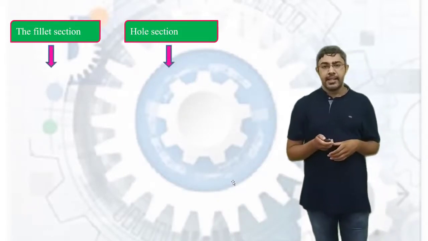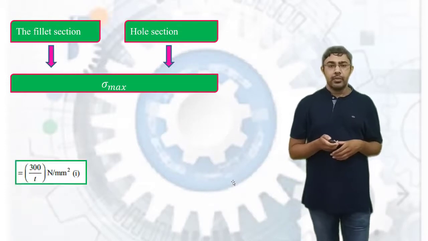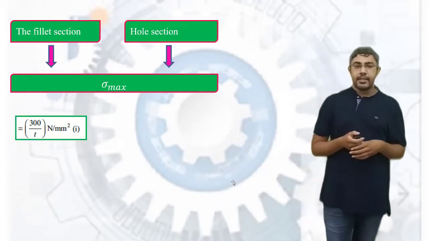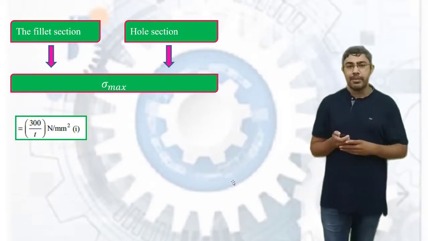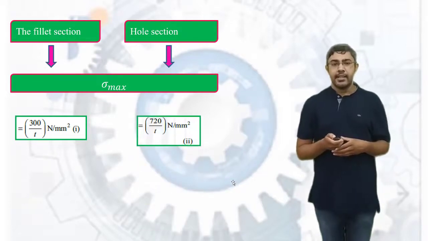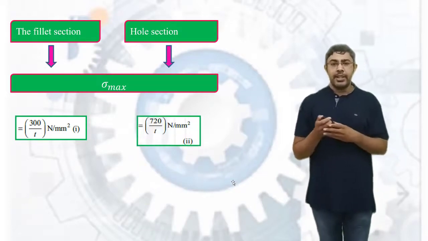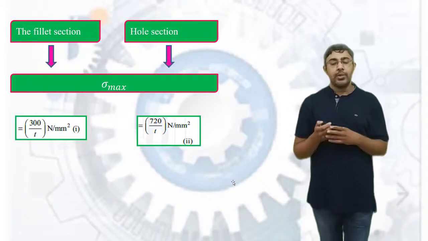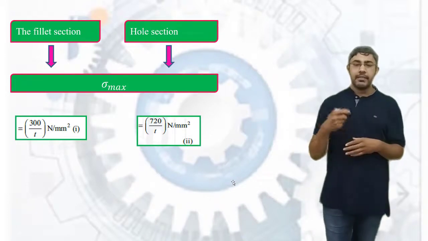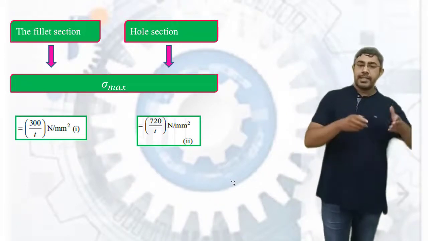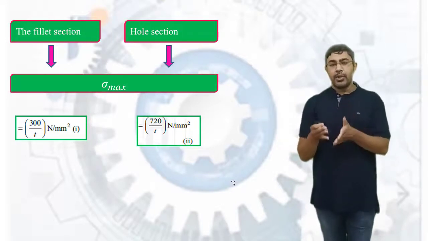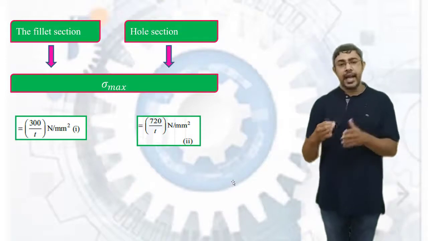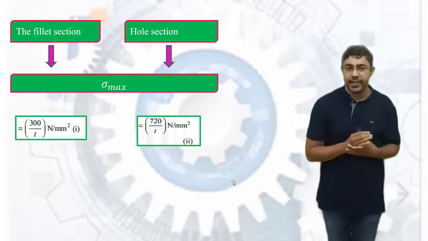At the fillet section sigma max is equal to 300 divided by T Newton per mm square, equation 1, and at the wall section sigma max is equal to 720 divided by T Newton per mm square, equation 2. From equations 1 and 2 we can compare that the stress produced at the wall section is higher than the stress produced at the fillet section.